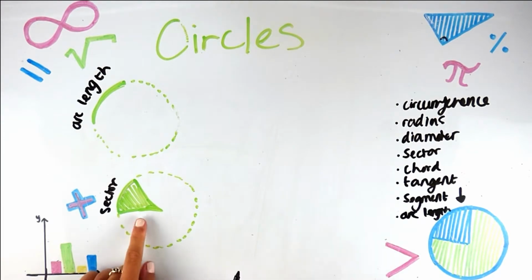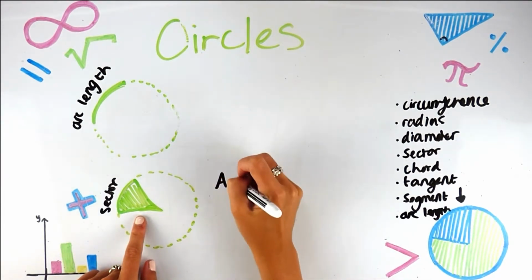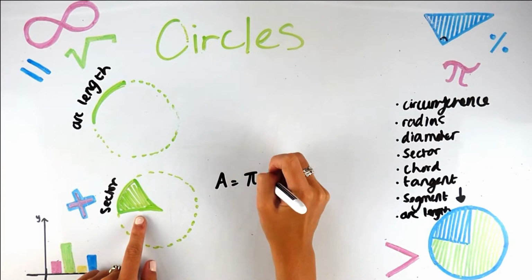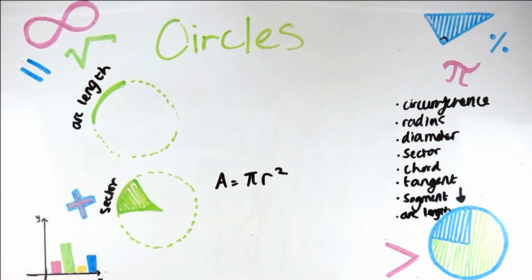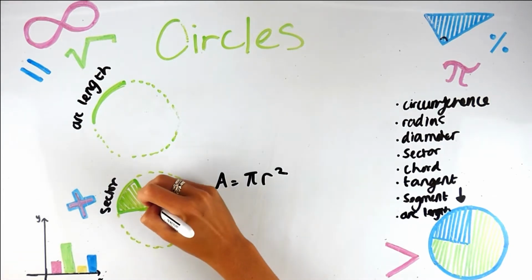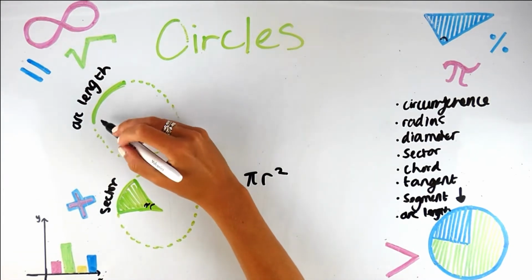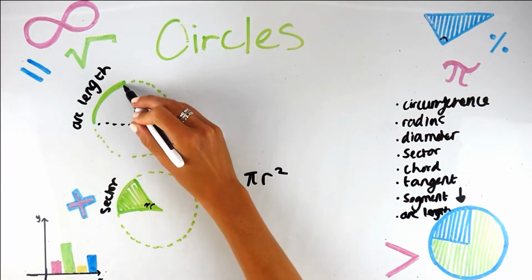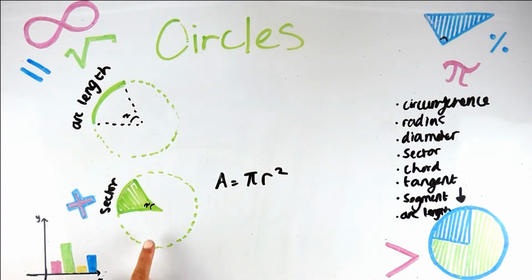So, as you can see here, this is an area, and we know the area of a circle is pi r squared, but we don't have a full circle. Sorry, I'm just doing the drawing. We only have a bit of a circle, like a slice, the sector.